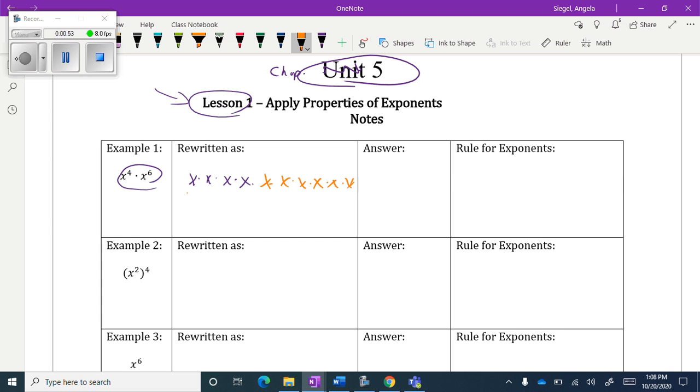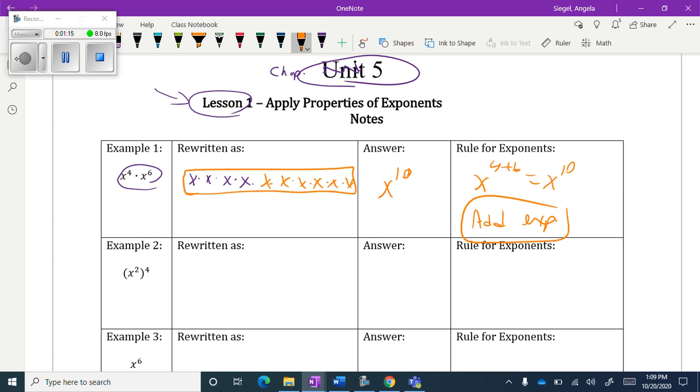Notice that there are 10 x's, so our answer is x to the 10th. The rule is that you add the exponents: 4 plus 6 equals 10. So when you have similar bases, you add your exponents. Okay, go see what you can do on the other example.